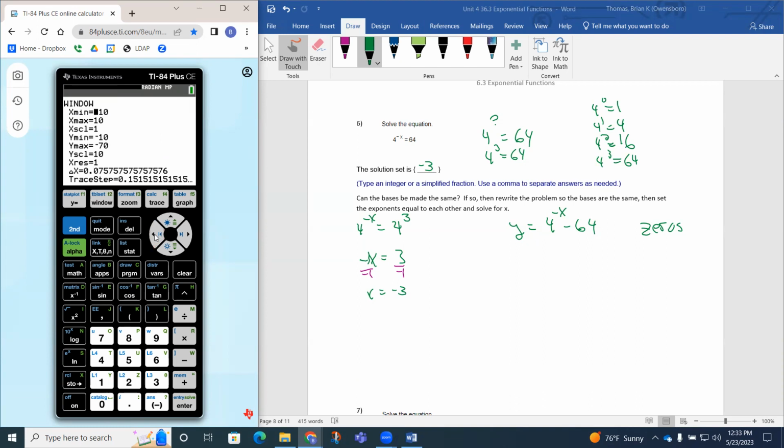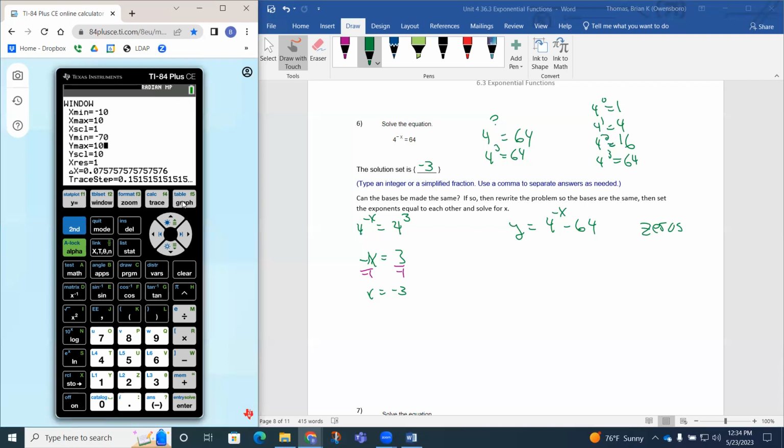My y, I did that backwards. My y min should be negative 70, and my y max should still be 10, and my scale will be 10. So I have to pay attention. I want my lowest value to be negative 70.